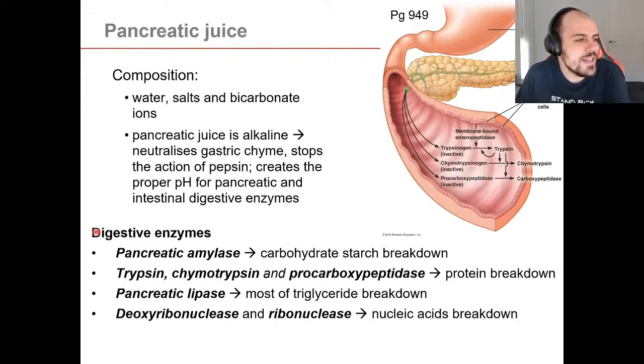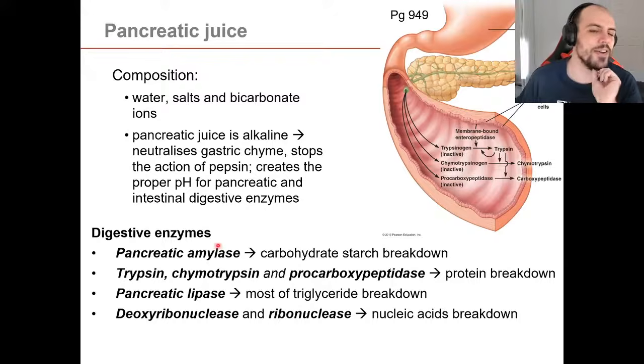Any clues? Any ideas? Who can tell me what is a carbohydrate? Or what is a carbohydrate made up of? Oh, come on, guys.